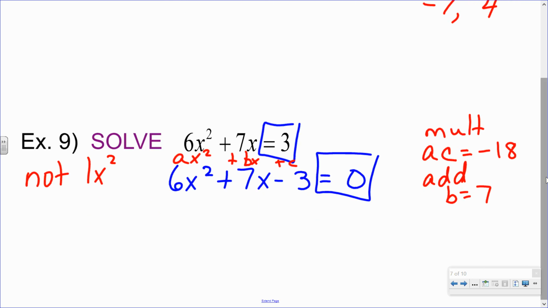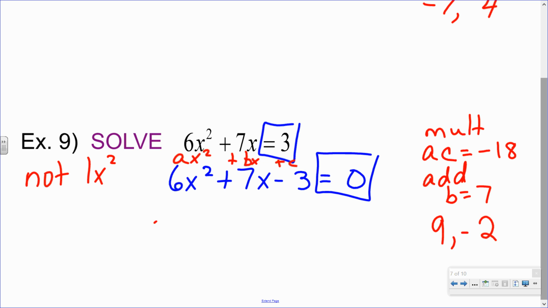So help me out here. Can anybody tell me two numbers that multiply to equal -18 and that add to equal +7? Blake? So 9 and -2.